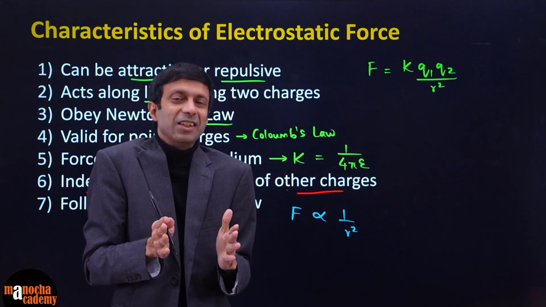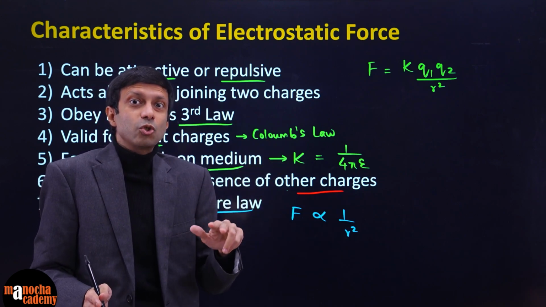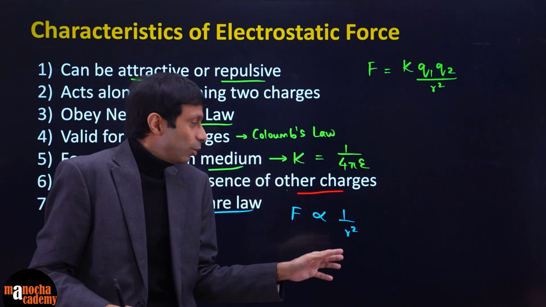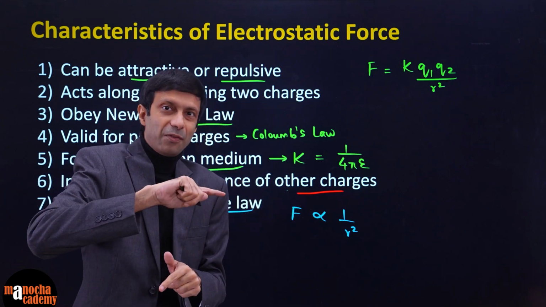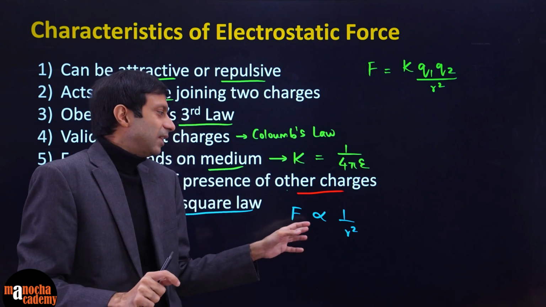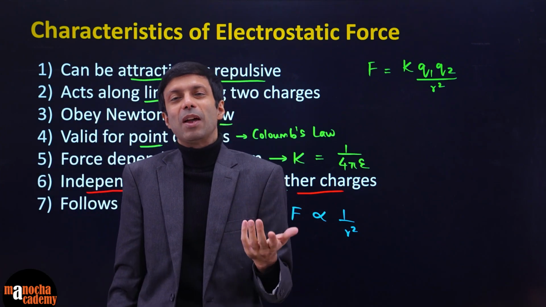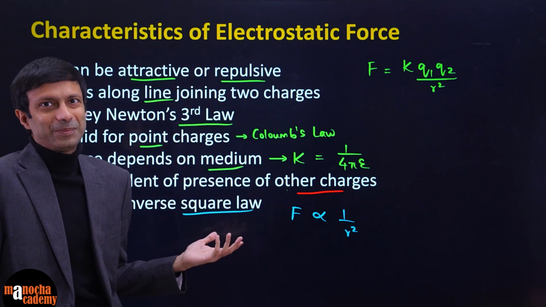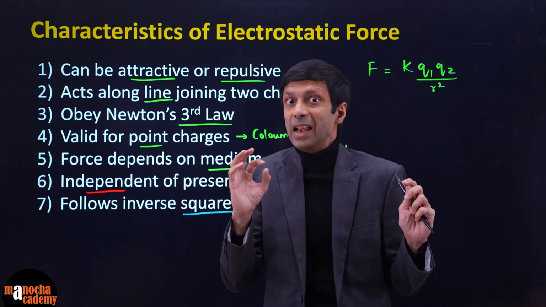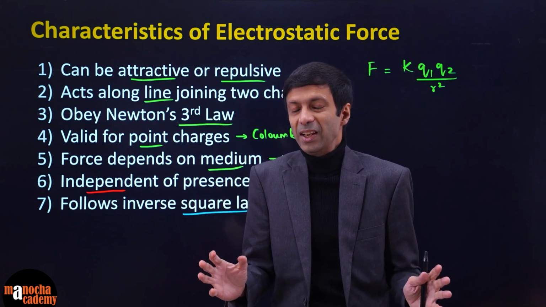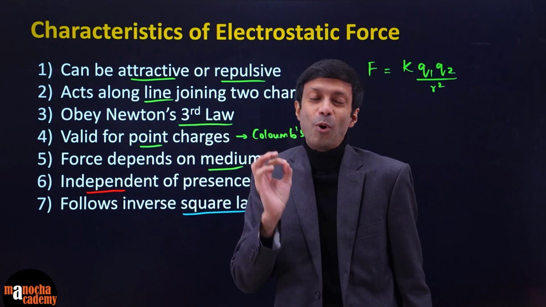If you halve the distance, the force becomes 1/(1/2) square, so it becomes 4 times, because there's an inverse, so you take a half square and then reverse it. It is inversely proportional not to the distance but to the square of the distance, which is why we call it the inverse square law. These are all the important characteristics of the electrostatic force between two charges, or as we were discussing for Coulomb's law, two point charges.